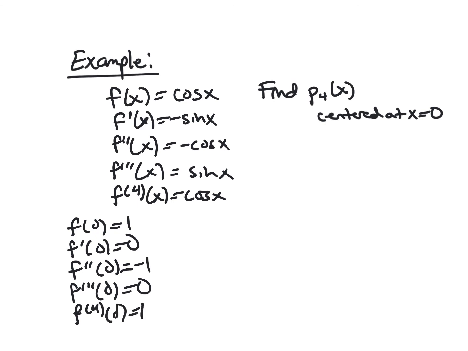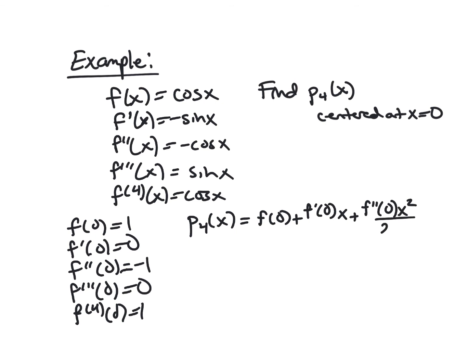So when I'm looking at my Taylor polynomial, my P4 of x, I'm going to have f of 0 plus f prime of 0 times x, or x minus 0 in this case, plus f double prime of 0, x squared, all over 2 factorial, or 2, right? Then plus f triple prime, x cubed over 6, plus the fourth derivative, sorry, x to the fourth over 24, or 4 factorial.